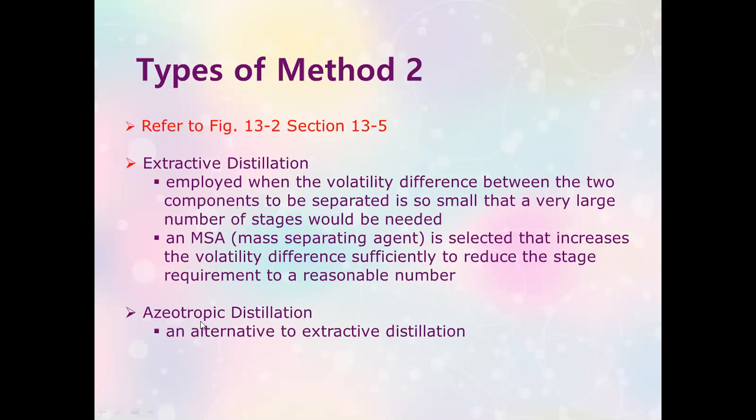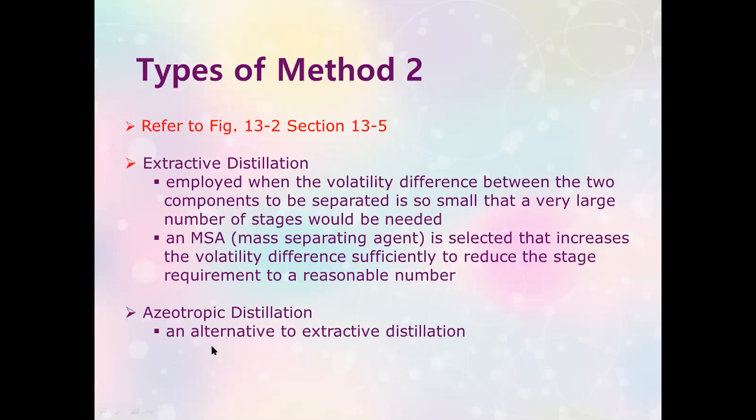Another one is azeotropic distillation. So it's an alternative to extractive distillation. So if this one could not be used, then we can have what we call azeotropic distillation. From the term itself, azeotropic, this is used when your particular feed mixture reaches in the processing a temperature wherein they are already azeotropic, meaning you cannot separate them already.